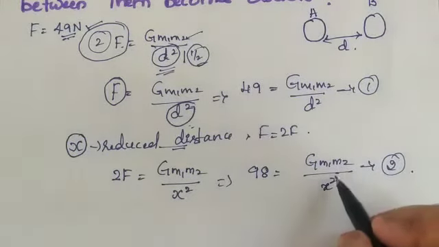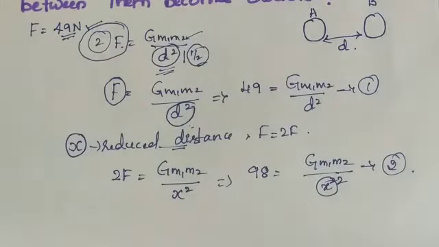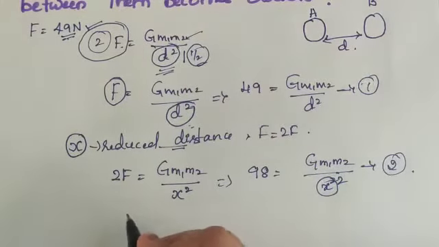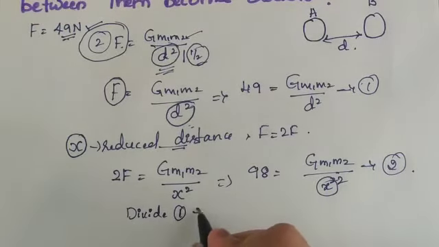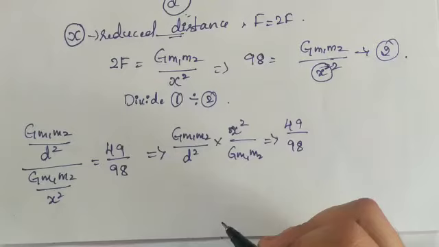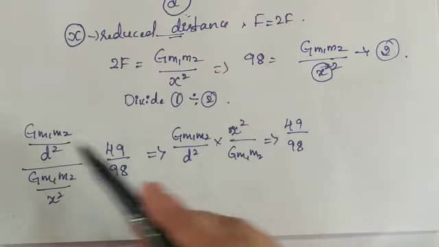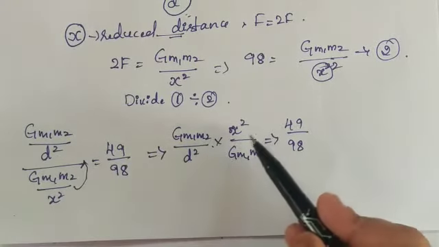I want this x value, that is the reduced distance. To know that, I am going to divide equation 1 by equation 2. If I divide it, I get G m1 m2 by D square, and when this goes to the numerator, it becomes x square.